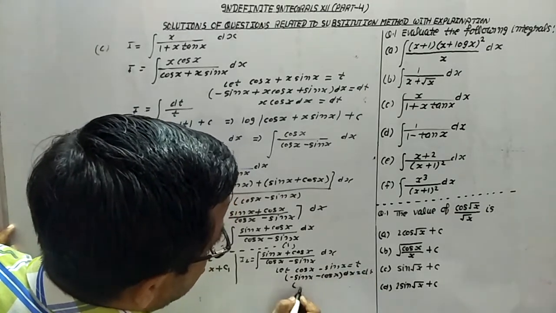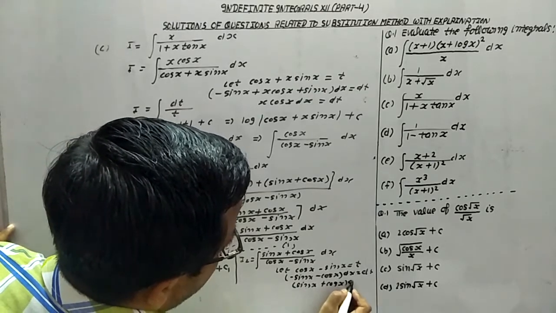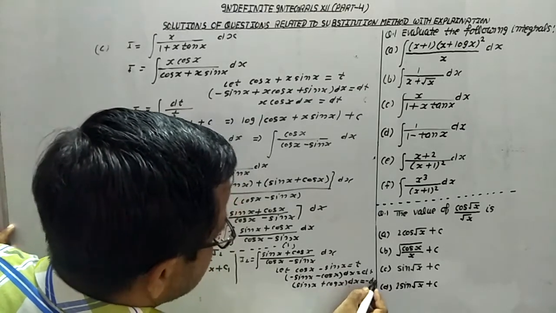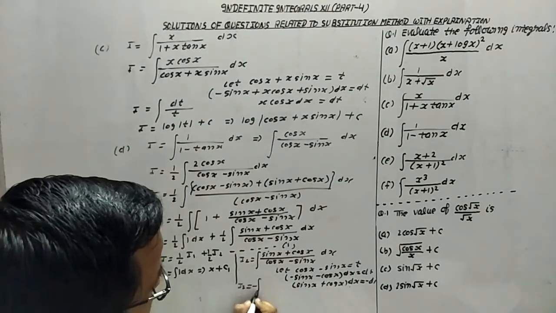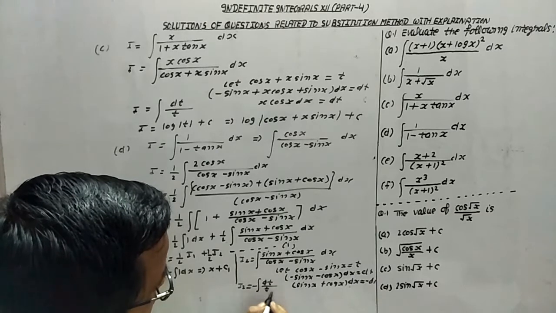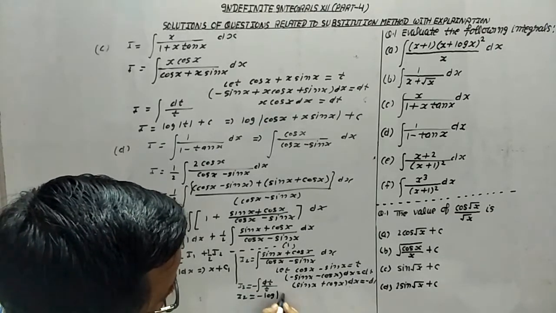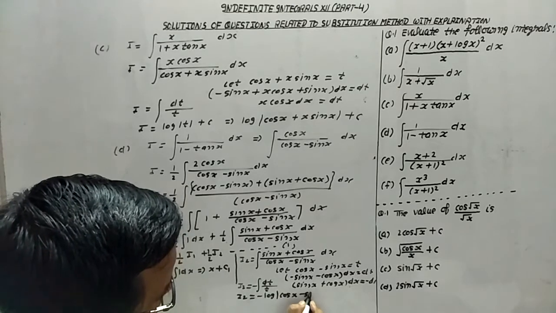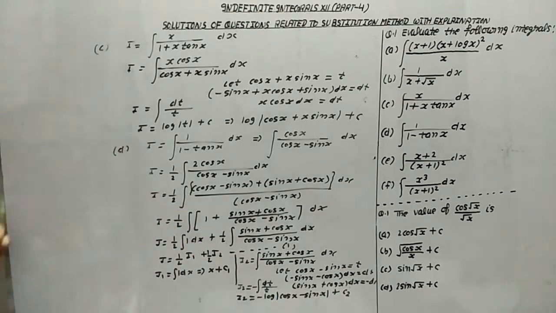It means sin x plus cos x dx is equal to minus dt. Now put the value of this. It means I2 is equal to minus integration dt upon t. It means I2 is equal to minus log of cos x minus sin x, plus c2.